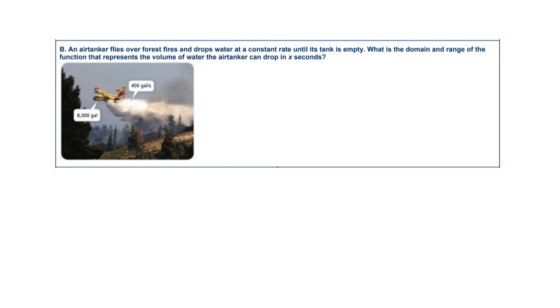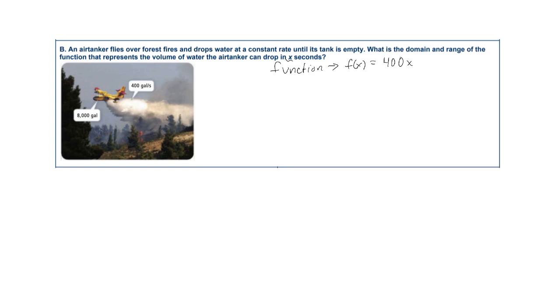All right, now we're going to look at a real world type of an example of finding the domain and range. Okay, so first we need to figure out what our function is. We represent functions with f of x or g of x, or something like that. Okay, we're going to name it f of x. Now our function is equal to our 400 gallons per second times the number of seconds x.